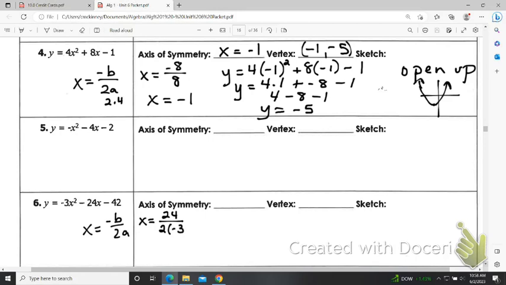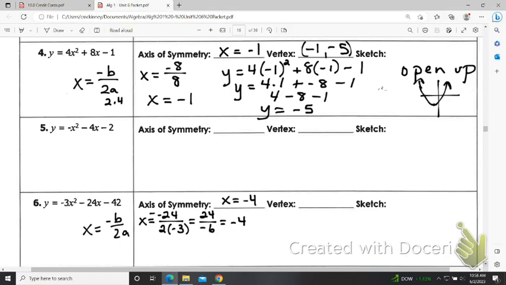That's how that becomes positive 24. 2 times negative 3 for my 2a is negative 6, which makes that negative 4. So x is equal to negative 4.